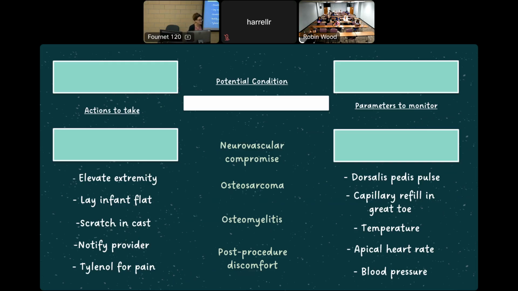With regular, normal post-op, perfusion's good and we have just normal post-op swelling, yes, we can elevate. That's appropriate. But if I'm worried that neurovascularly something's wrong, that circulation is not good to this extremity, I don't want to make the situation worse by elevating.